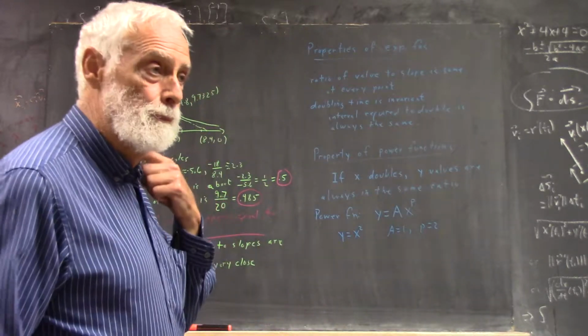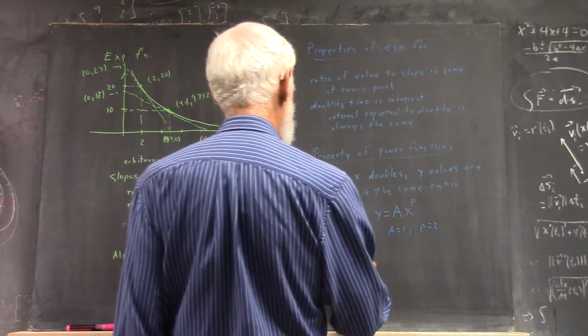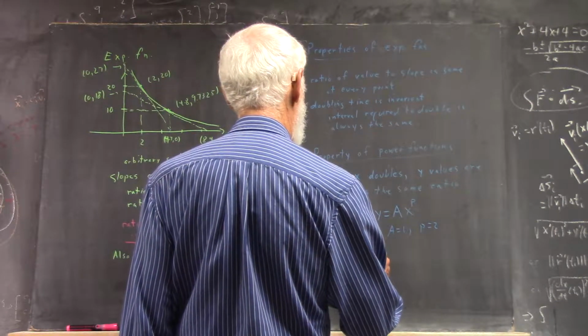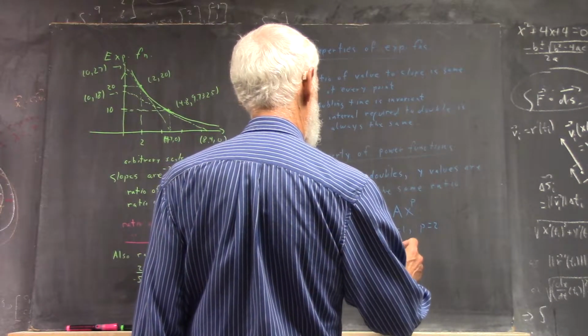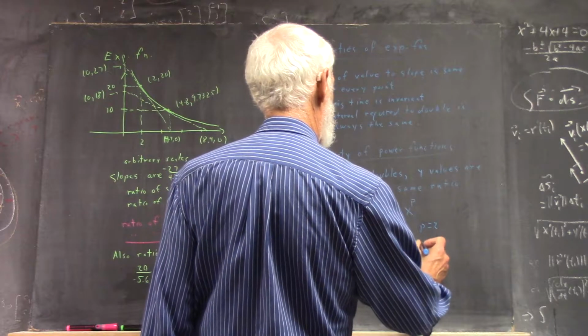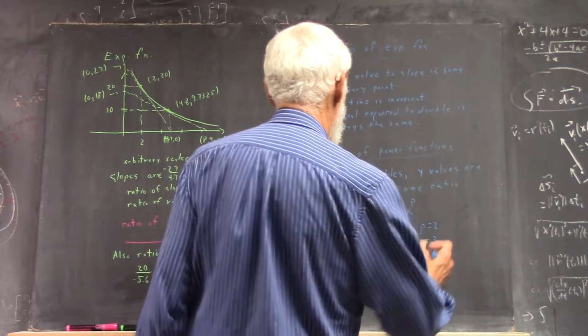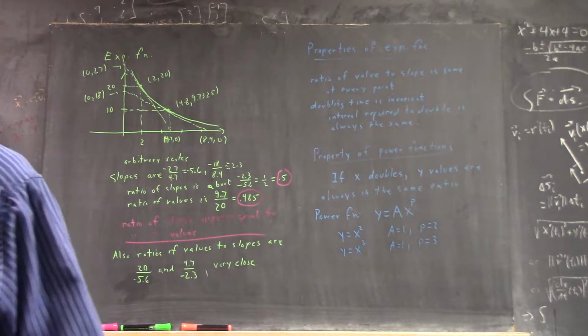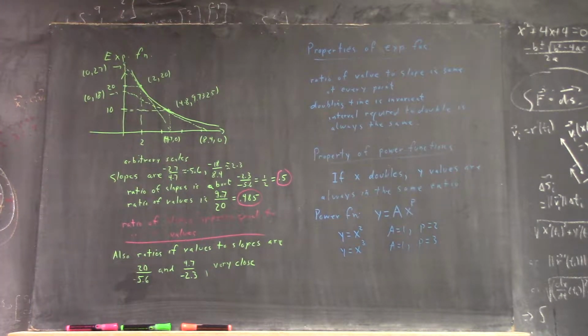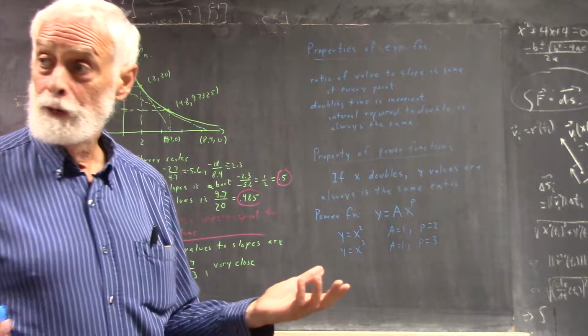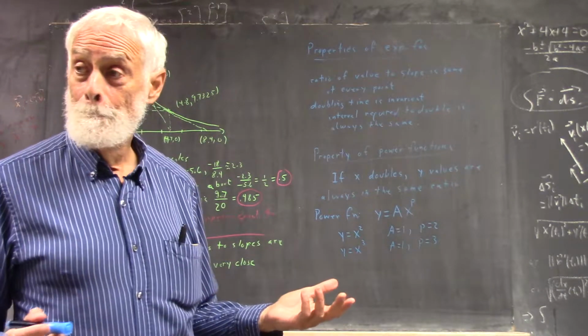And what about y equals x cubed? Well, there's p equals 3, right? Okay. Now there are 2 more at this point. What's another one to be a power function?